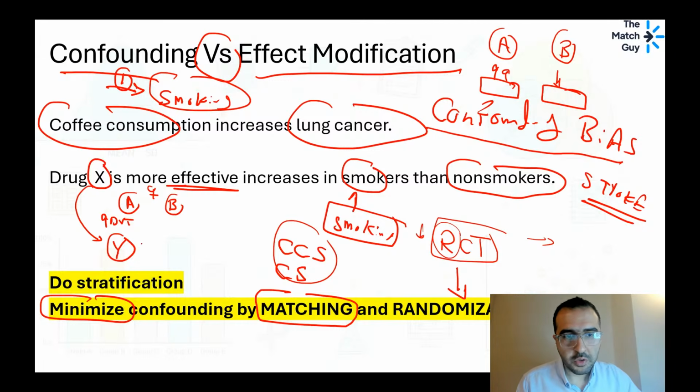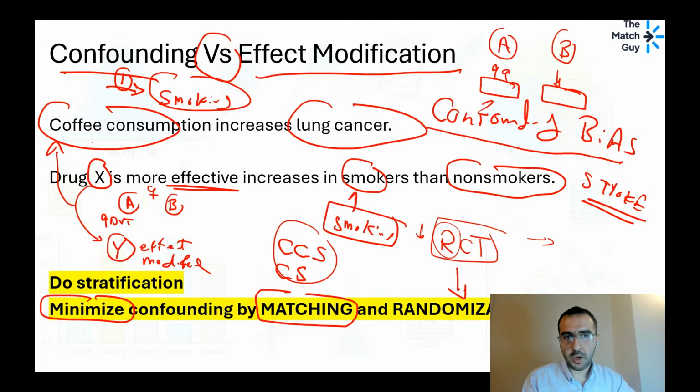So gene Y is called an effect modifier because it produced some modification, right? But in the last example, confounding bias, coffee consumption has nothing to do with it, right? The problem here is with the smoking. So there is no modification in confounding bias.